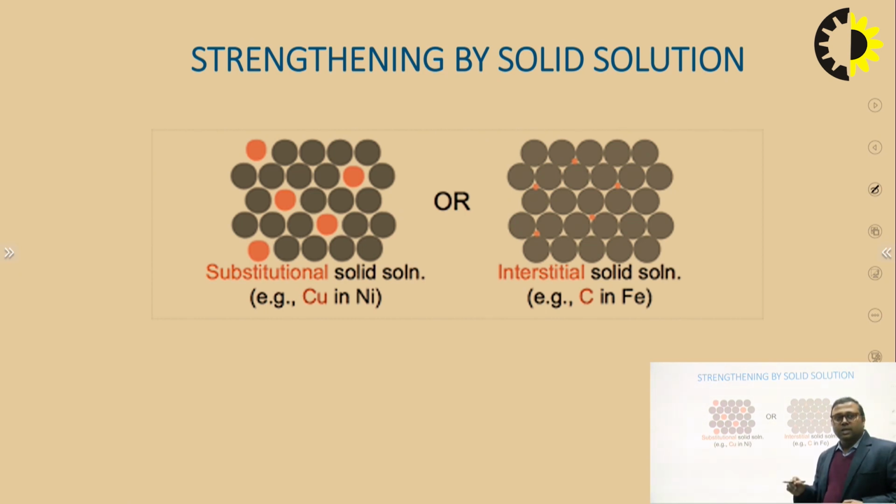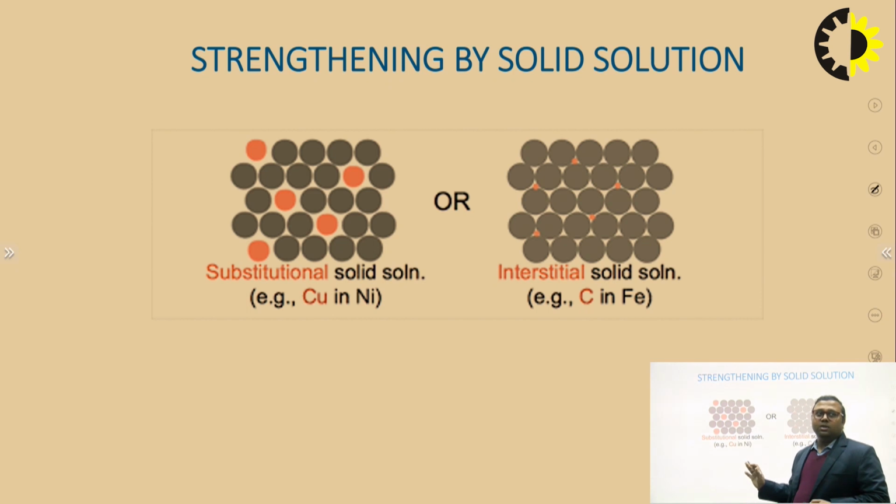Whenever an external element is added into the base material, it causes a force onto the different material, and this different material produces an equal and opposite force to the metal element which has been added to form the alloy, and this process causes the solid solution to get strengthened.